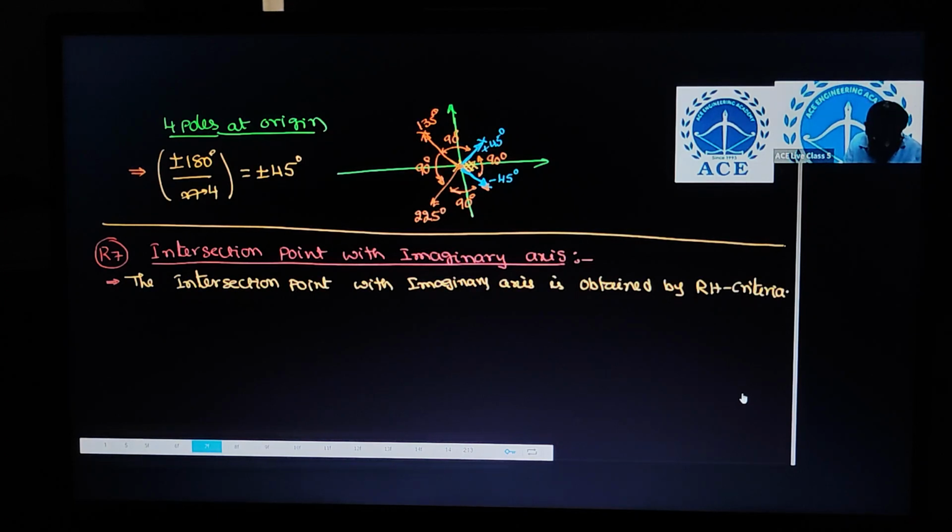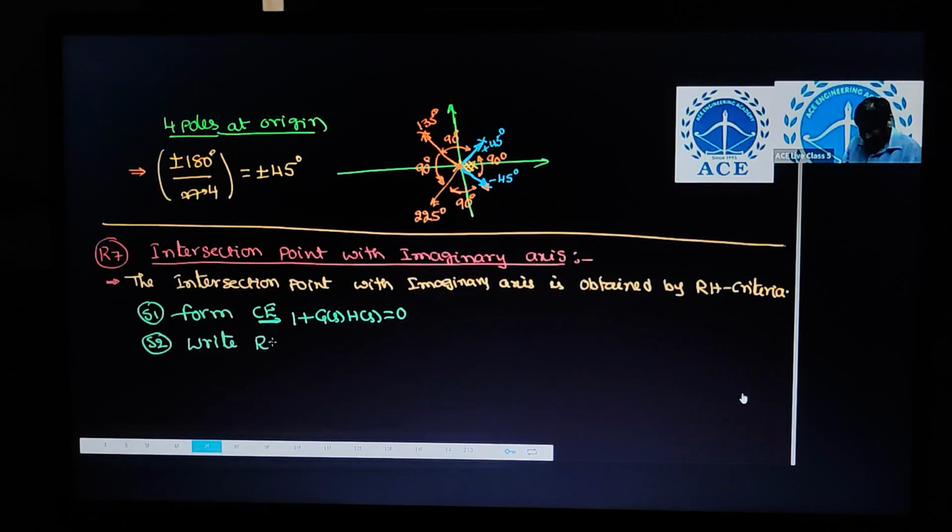Step 1. Form characteristic equation. Step 2. Write Routh tabular form. Step 3.